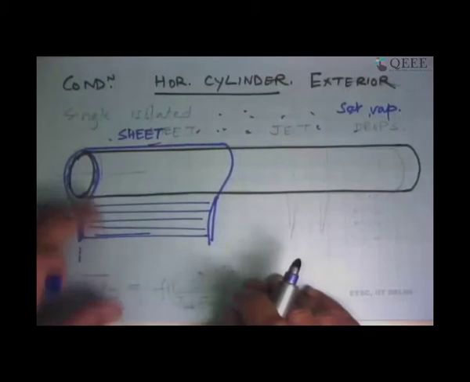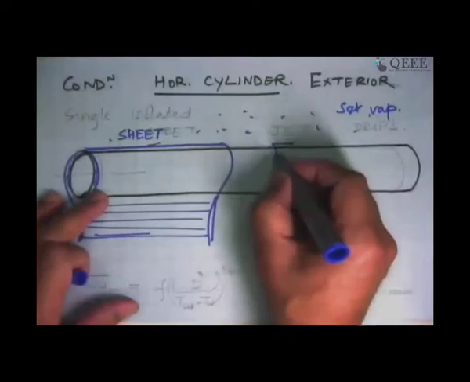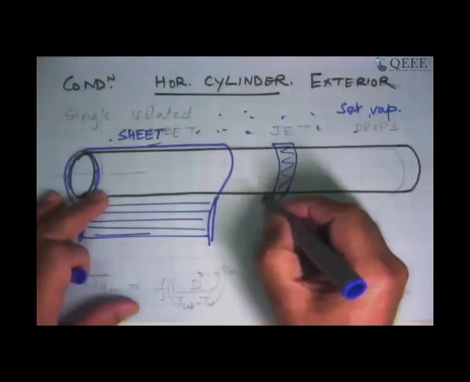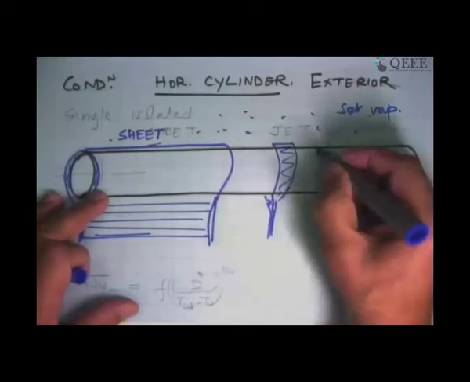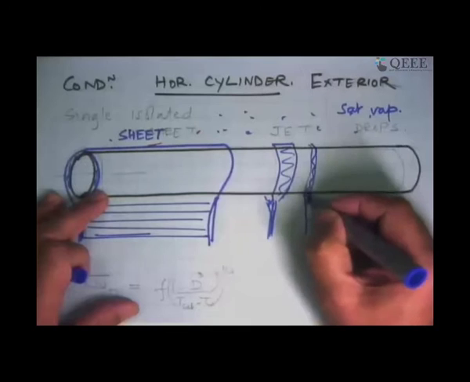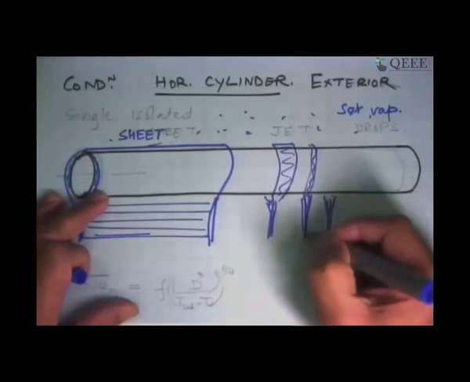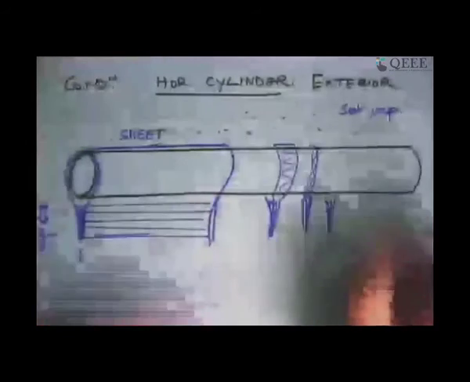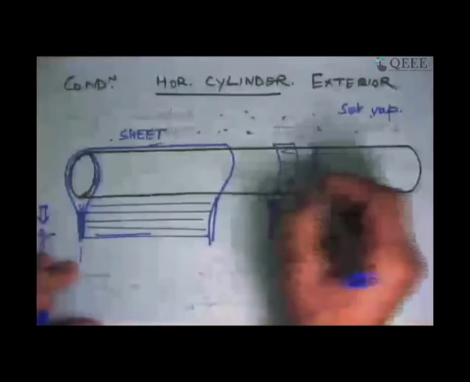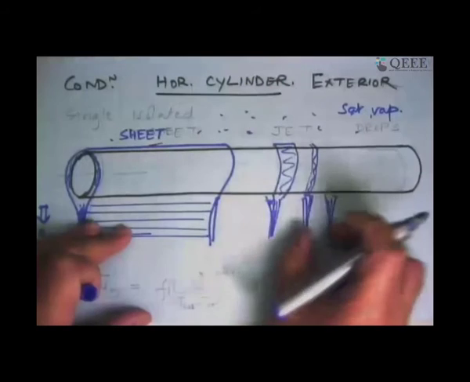The next thing that happens is that it doesn't form a continuous film like this, but say at some point it forms a sheet, a smaller one, and then breaks off and keeps dropping down. At some other point you have got another bit of sheet being formed here, and this is dropping down, and so like this, from the surface you have streaks of water condensing and falling down. They may be uniformly done, maybe somewhat randomly done, but they are joining up in some way and they start dripping like this.